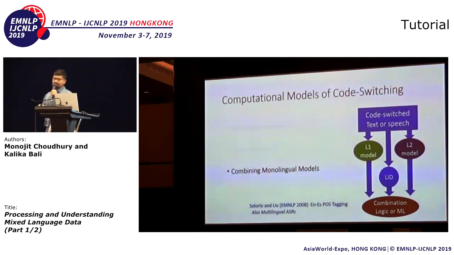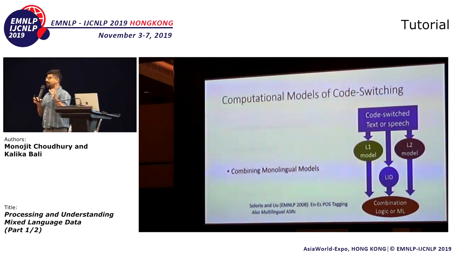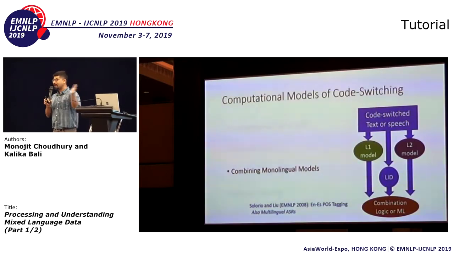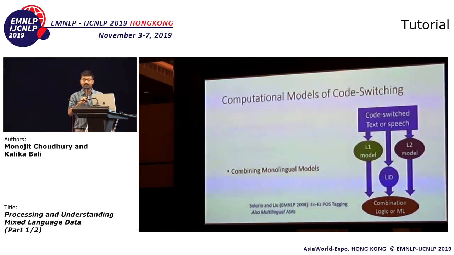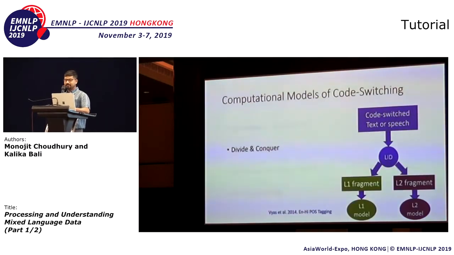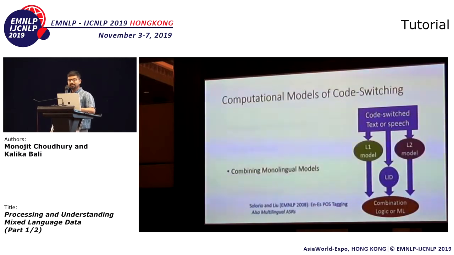The problem is that this works fantastically if the stretches or fragments which are code mixed are long. As soon as the interleaving becomes too short, and morpheme level and similar phenomena come in, this doesn't work very well. It's not hard to imagine why. It's kind of similar to the problems here, but I would say in this case, with divide and conquer, this is a more severe problem than the problem here.